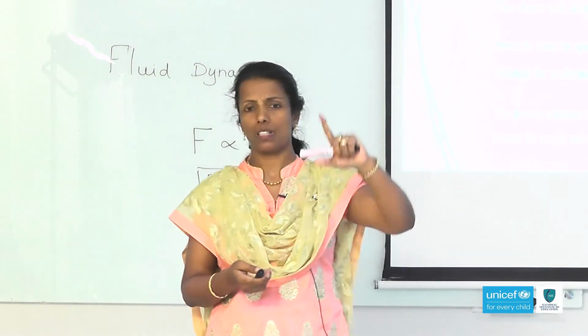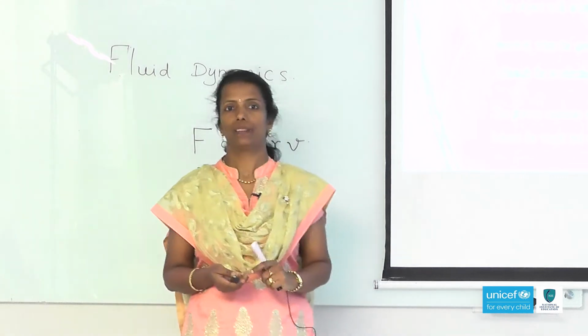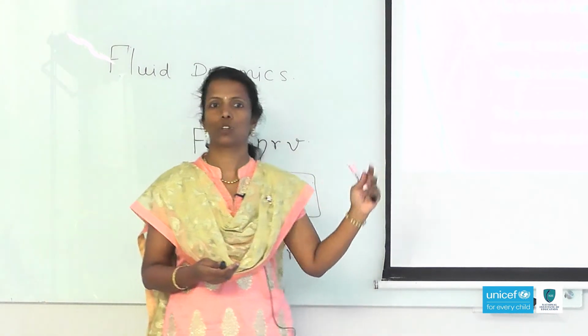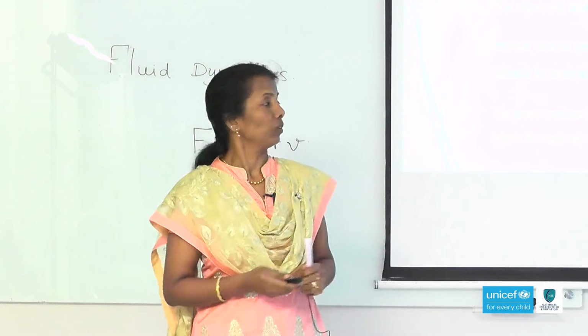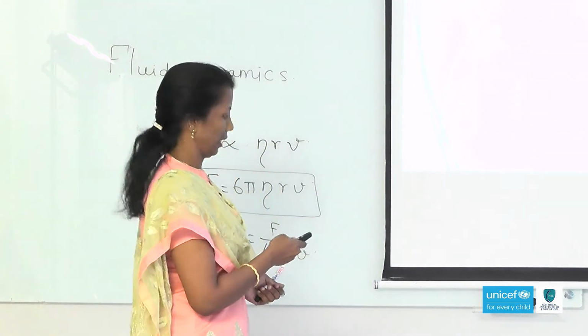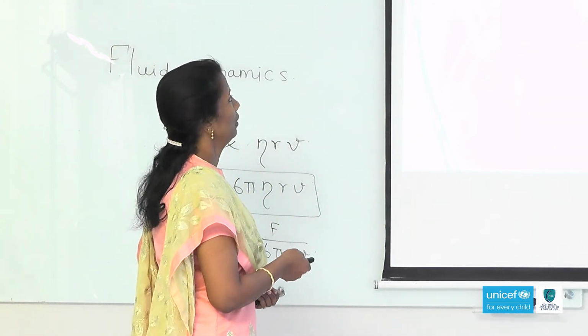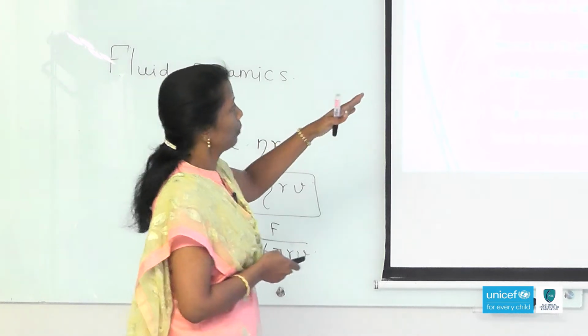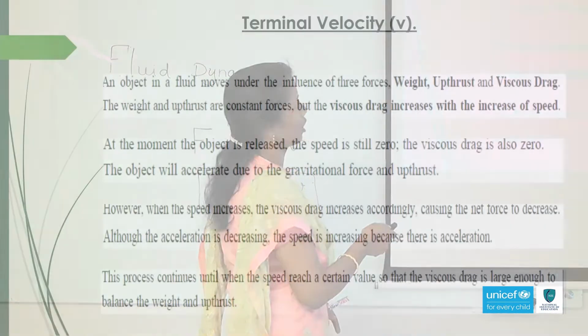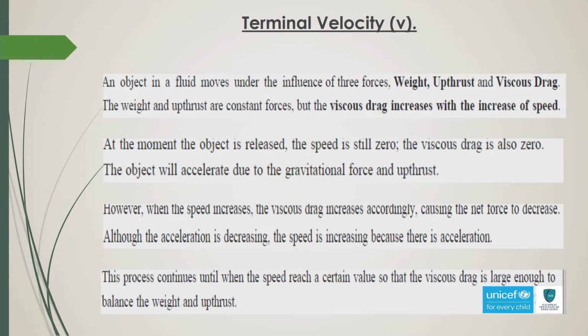As it starts to move in the fluid, there is a viscous drag that acts on the object. At the moment the object is released, the speed is still 0, so the viscous drag is also 0, but it accelerates due to gravitational force. But as the speed increases, you have studied that the viscous drag increases, causing the net force to decrease, and the acceleration is decreasing.